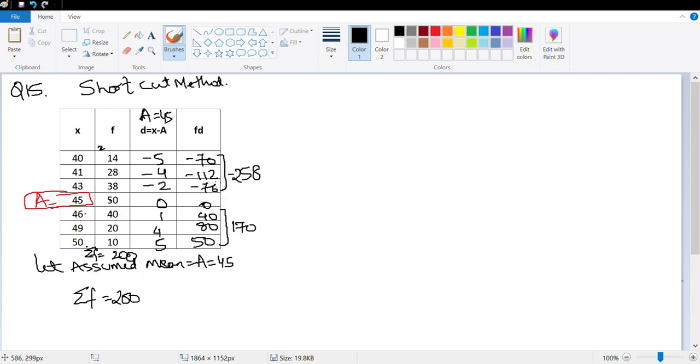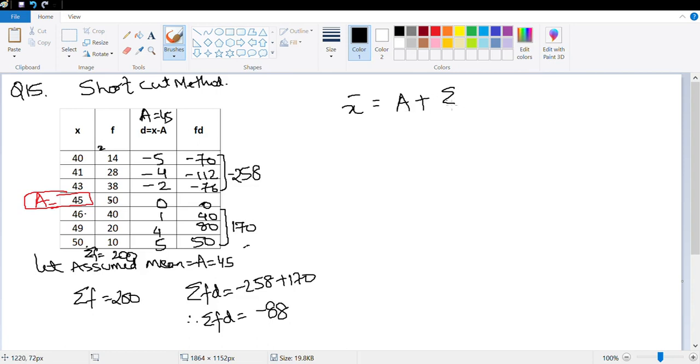180, 250, 258. Perfect. So summation fd will be equal to negative 258 plus 170. Therefore, summation fd is equal to negative 88. Perfect. So now I remember the formula for assumed mean. Mean is assumed mean plus summation fd upon summation f.